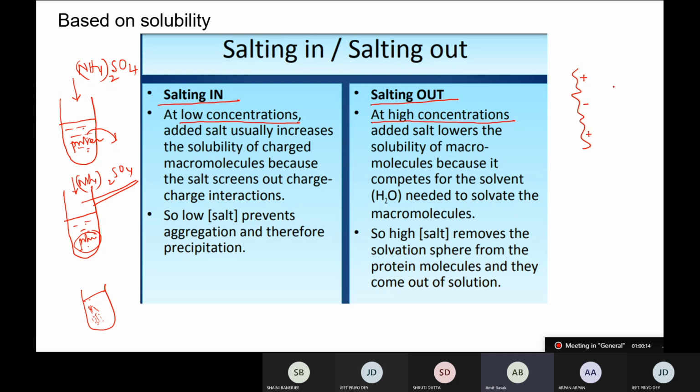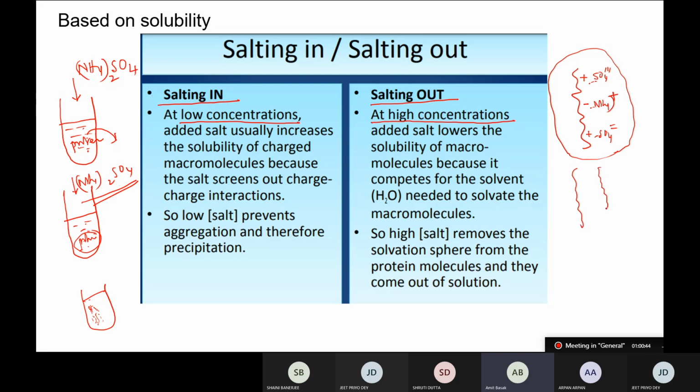When I add ammonium sulfate, the sulfate ion will have ionic interaction with this part of the protein, here the ammonium ion will interact with the protein, and here the sulfate ion will interact with the protein. So the protein is stabilized in solution.